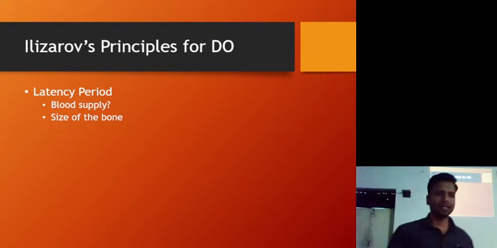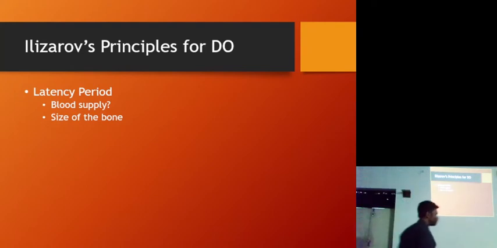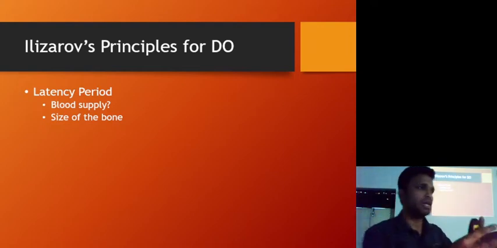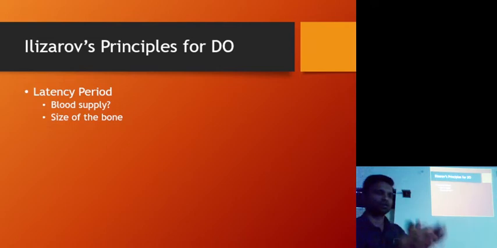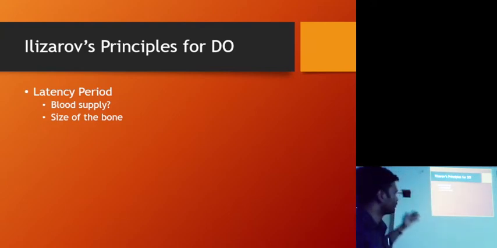Another thing, a young patient is going to have faster healing, right? So in such a patient the latency period is shortened because the healing is faster. If we wait for a longer duration, say 7 days, the fibrocallus has formed and the process of bony callus formation has started. So the latency period reduces. We have to keep in mind the age of the patient and the medical history of the patient.